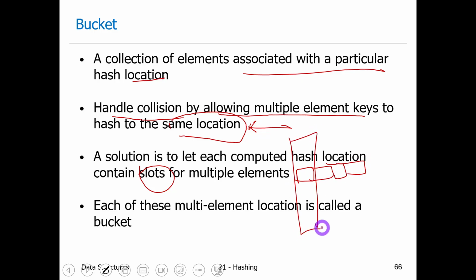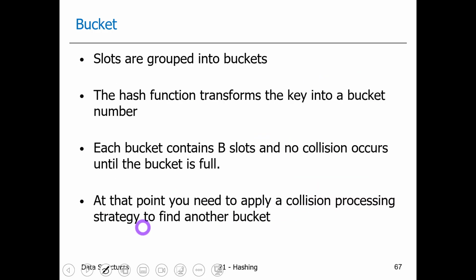Let's say this is your hash function. At one position, it has multiple slots available to keep all the values that collided, and we keep them at the same place. Each of these multi-element locations is called a bucket. The slots are grouped into buckets, and the hash function transforms the key into a bucket number. Each bucket contains B slots and no collision occurs until the bucket is full.